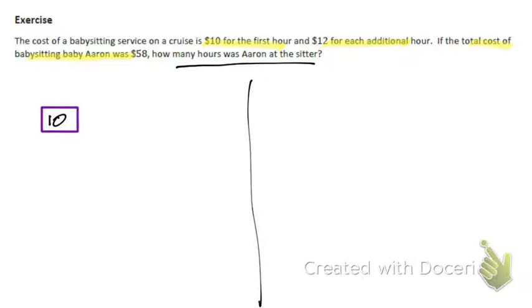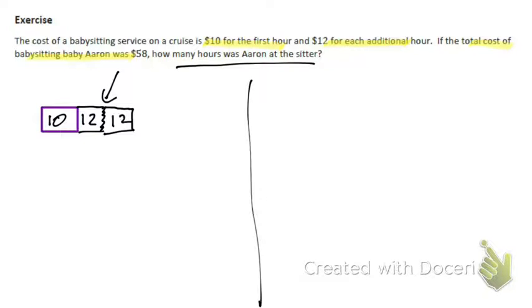Each hour after that is $12, right? But what's tricky is each box here represents hours, and we don't know how many hours they're babysitting for. That's why I do a little squiggly.